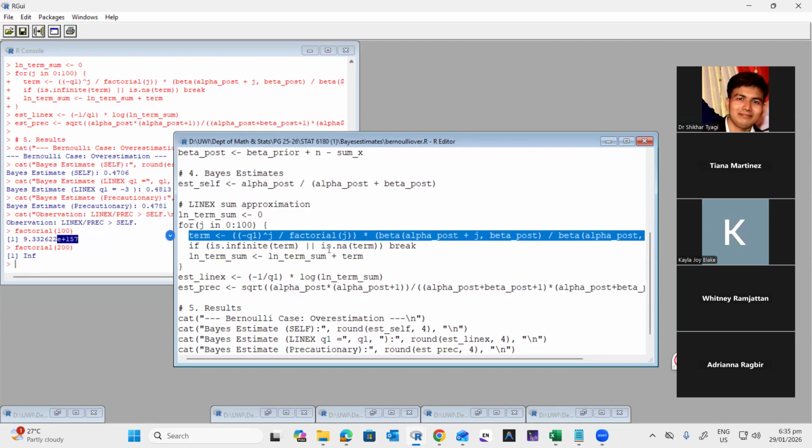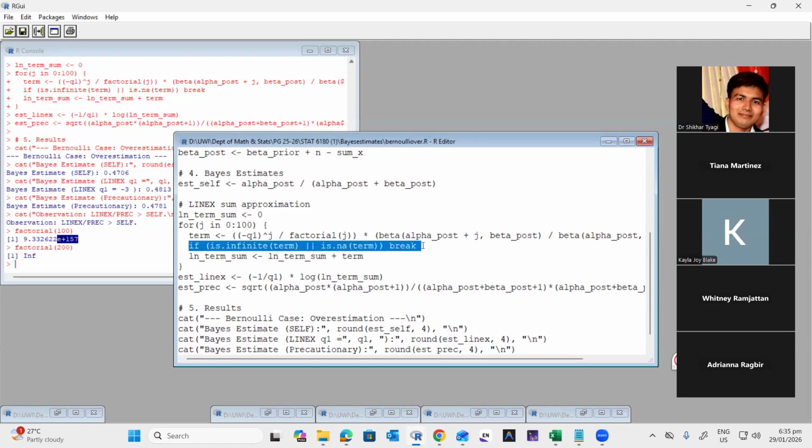If it is providing infinite, then it should break, because we don't want infinite for our estimate. If it provides infinite, the entire estimate becomes infinite. That's why we are running it up to 100, and why we are using the break command.